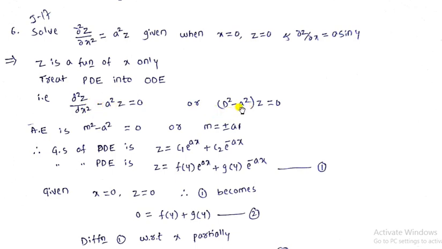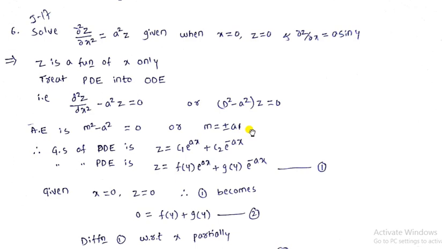The symbolic form, after taking z as common, becomes (D² - a²) z = 0. The auxiliary equation of this one is m² - a² = 0, so m = ±a. So plus a and minus a, both roots are different.